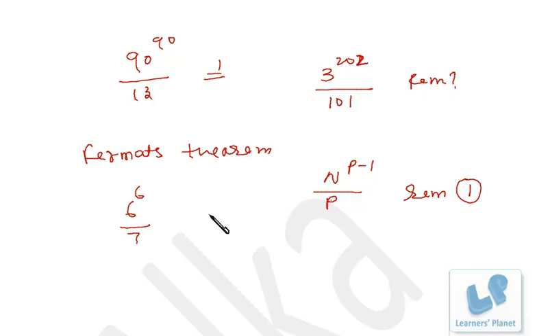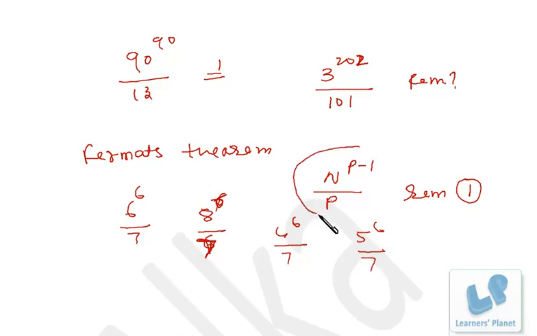Similarly, 8 raised to 6 divided by 7, the remainder is 1. Similarly, 4 raised to 6 divided by 7, the remainder is 1. 5 raised to 6 divided by 7, the remainder is 1, right? So this is the theorem that is going to be an important one.